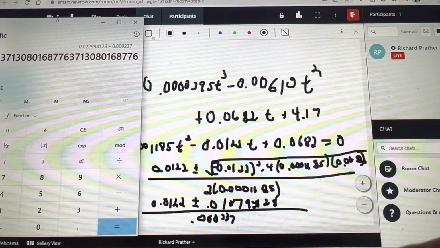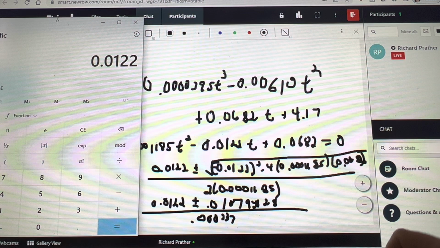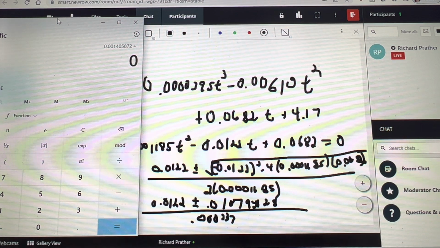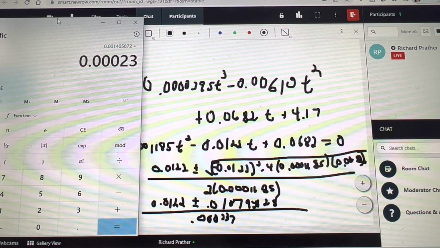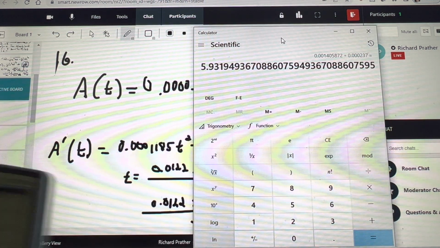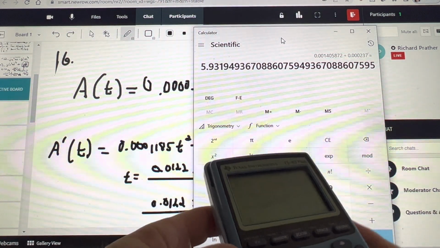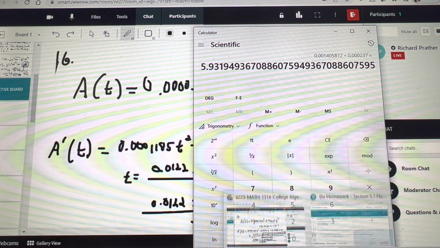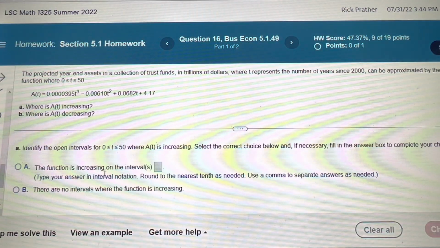And then we need to do 0.0122 minus 0.010794128 divided by 0.00237. This one's okay, 5.9. So even though there are technically 2 critical values, there's only one in the range from 0 to 50, because that's what this problem put as a condition. So that's the only one we care about.